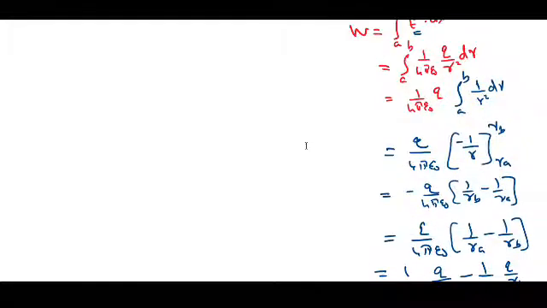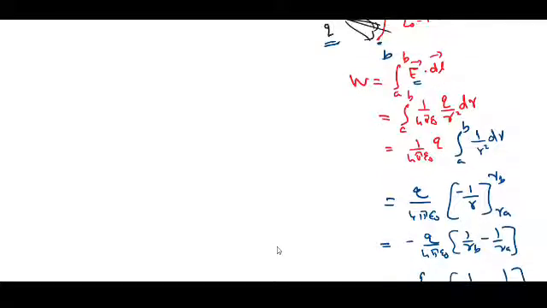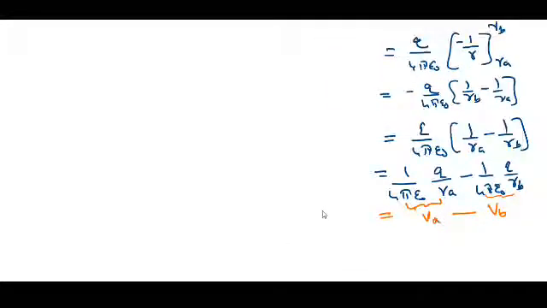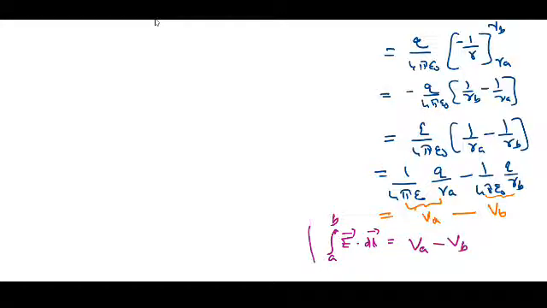If I check the left hand side, it is work, which is equal to the integration a to b E dot dl. Therefore, the integration a to b E dot dl is equal to VA minus VB.